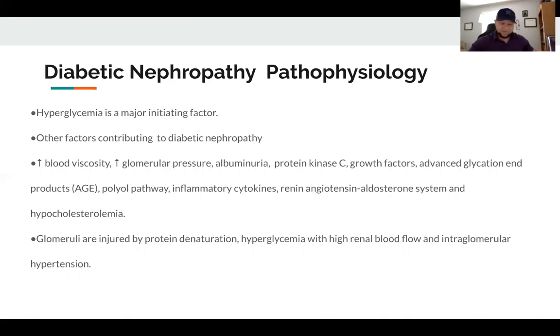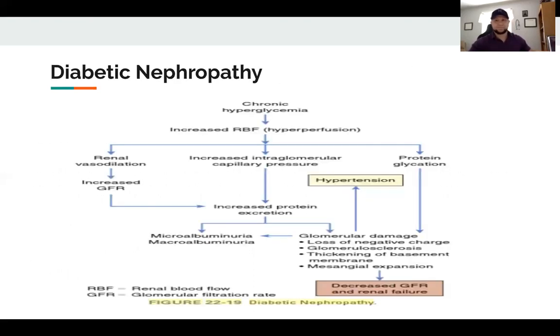The glomeruli are injured by protein denaturation, hyperglycemia with high renal blood flow, and intraglomerular hypertension. This is a really good format that I've looked at, and it leads you through the process of how diabetic nephropathy occurs, which then leads to a decreased GFR and then leads to renal failure.